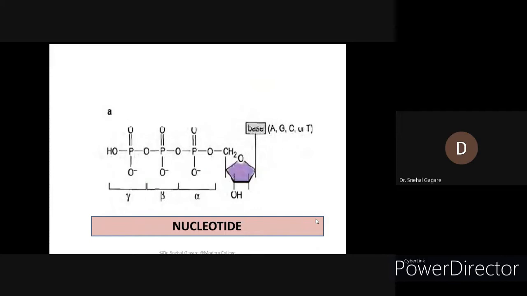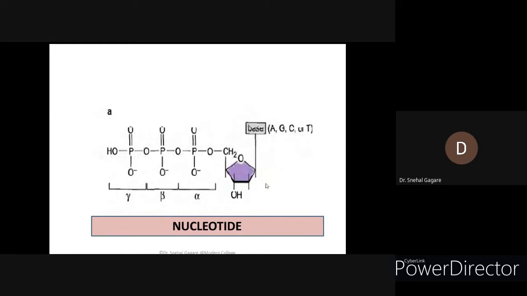So this is a nucleotide, the structure of a nucleotide. Nucleotides are molecules which are the building blocks of DNA. DNA, that is deoxyribonucleic acid, is made up of nucleotides. A nucleotide consists of three parts: a nitrogenous base, which can be adenine, guanine, cytosine, or thymine in the case of DNA, then a pentose sugar.